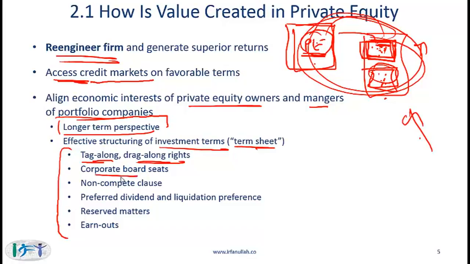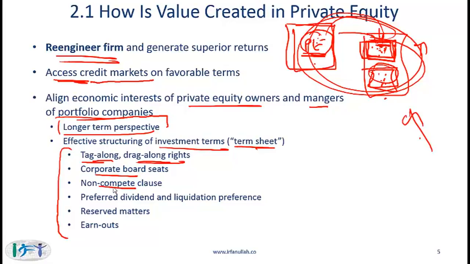Corporate board seats. The private equity firm will in general ensure that one of their people sit on the board of each of these companies, or at least one. That way major decisions have to be approved by the private equity firm.